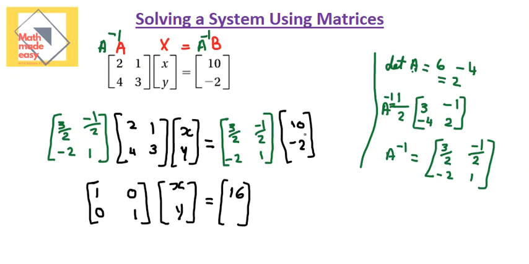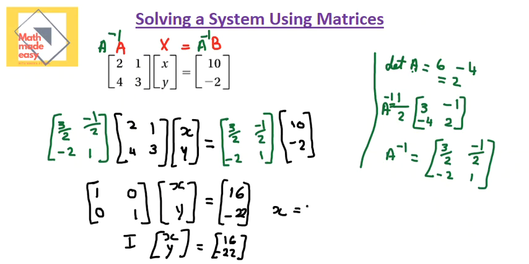Then negative 2 multiplied by 10, negative 20, and 1 multiplied by negative 2, that's a negative 2, negative 20 and negative 2, that's negative 22. Now I have an identity multiplied by x and y equals 16 and negative 22. I can say now that x is equal to 16, y is equal to negative 22.